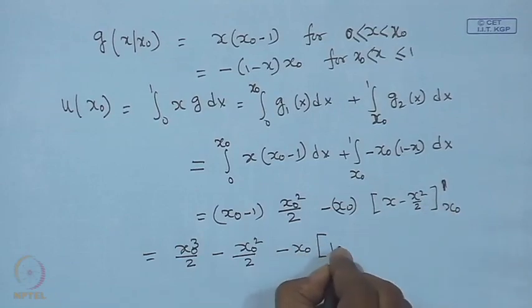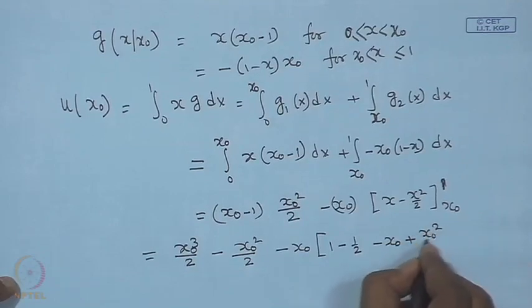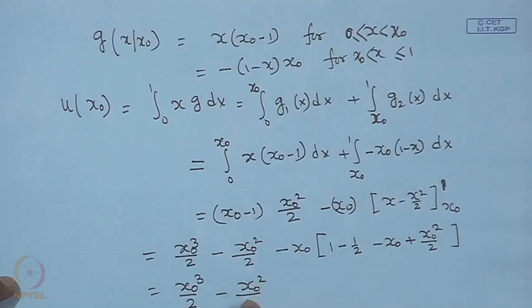Put the limit 1 minus half minus x naught plus x naught square by 2. So, we will be getting x naught cube by 2 minus x naught square by 2 minus half, so x naught by 2, plus x naught square, minus x naught cube by 2.